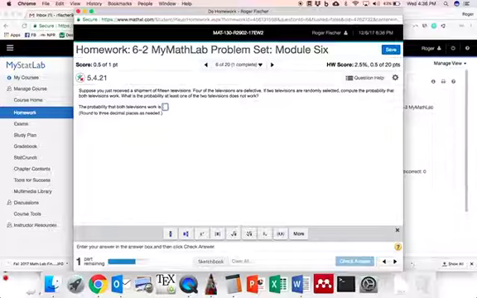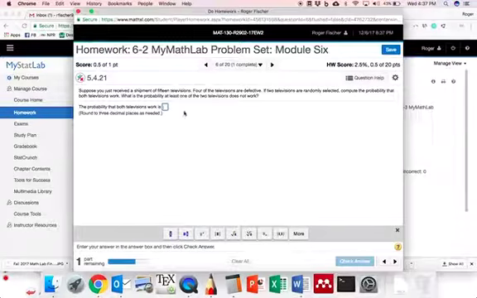We begin with a tree diagram. We're going to start here, and we're going to consider our 2 possibilities. Defective television, not defective television.